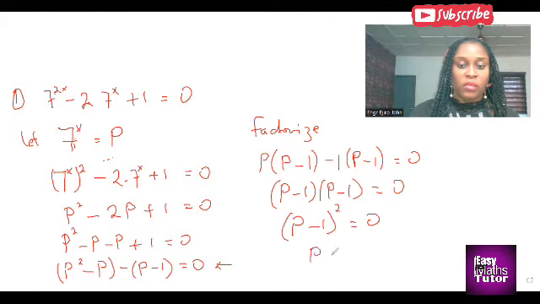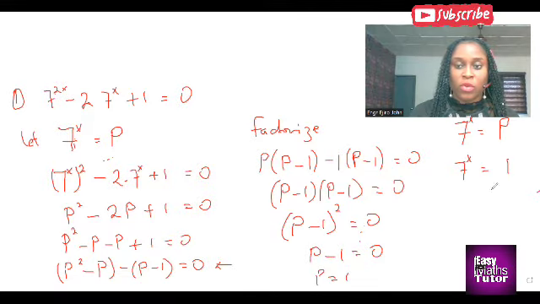So if p minus 1 equal to 0, p is equal to 1. Now, remember that 7 raised to the power x represents p. So if p is equal to 1, therefore 7 raised to the power x is equal to 1.